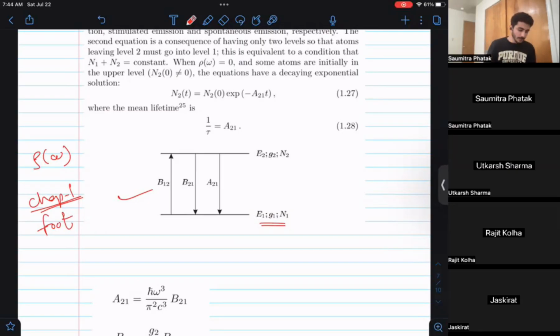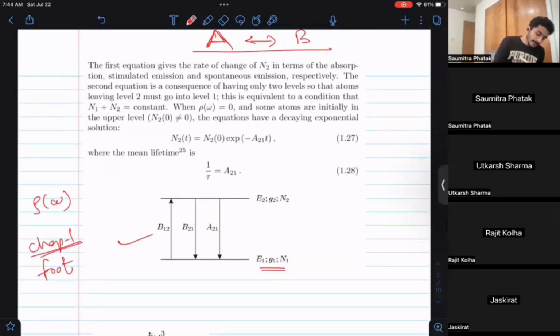So Einstein's point was that the population has to stay constant throughout. Whenever we are not incidenting anything, whenever the electric field or the energy density is zero for the incident laser, if we start with a system where some population is in the excited state and there is no laser applied, then this population has to come down, right?